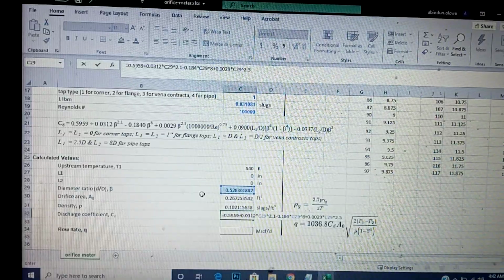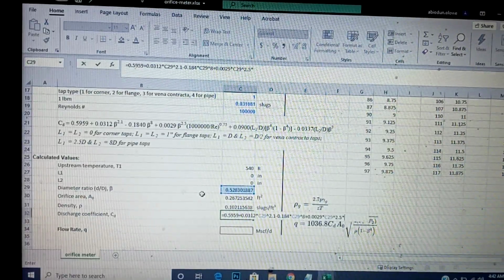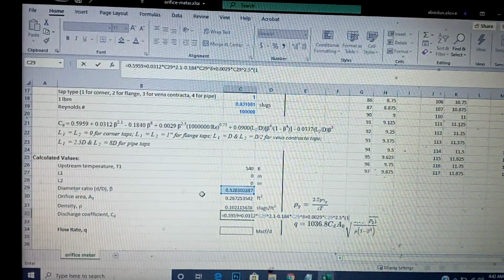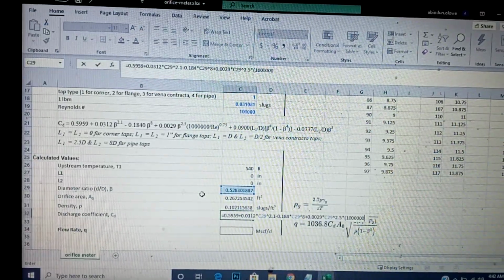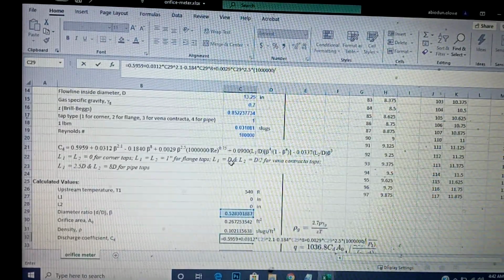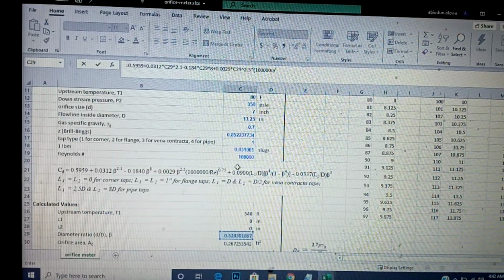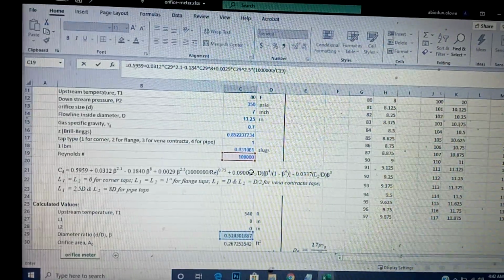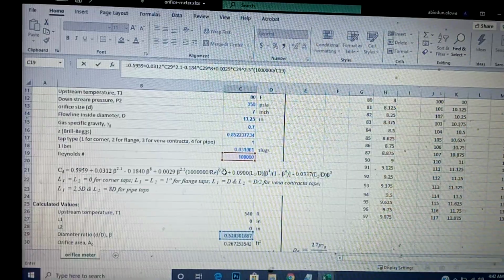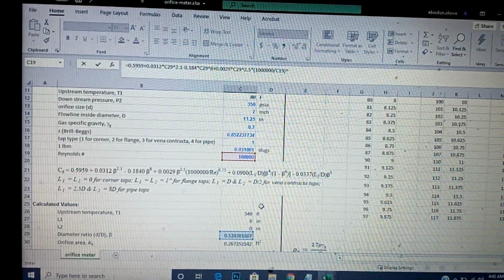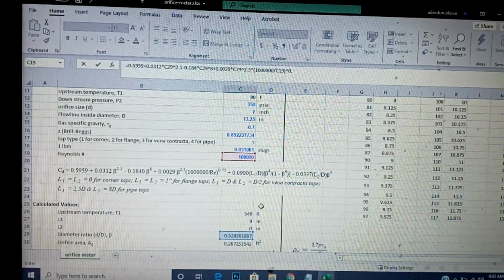Multiply again star. I open the bracket. I'm just following the equation. Then 1,000,000 slash the Reynolds number. I'm going to click on the Reynolds number here. That's 19. I close the bracket. Then raised to power 0.75. Shift 6 cap 0.75.